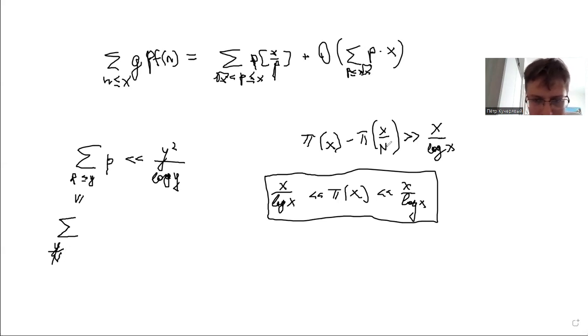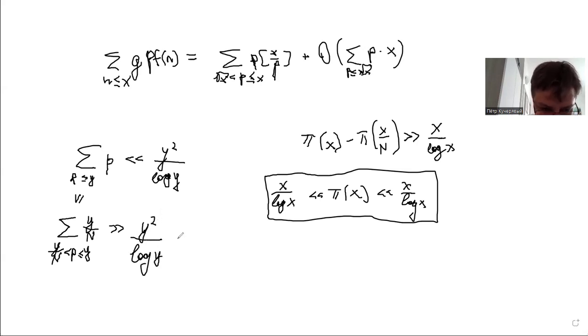N is fixed, it depends on our bounds, which constants we have in these signs. So the sum of primes from y over n up to y, and here we sum y over n, okay? And this is bigger than, from these bounds, y squared divided by logarithm of y. Okay?